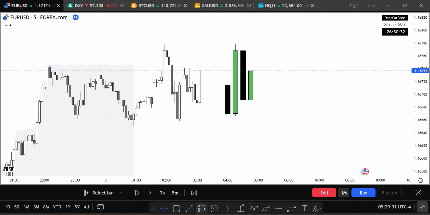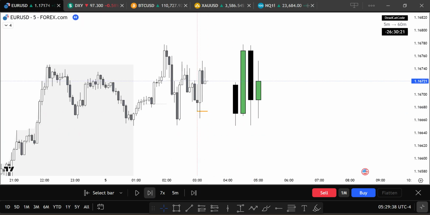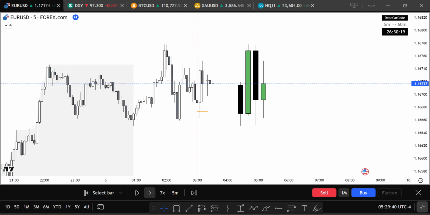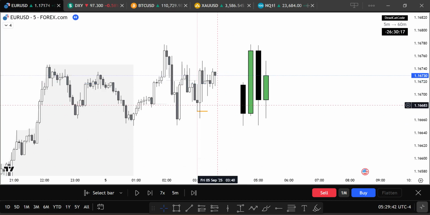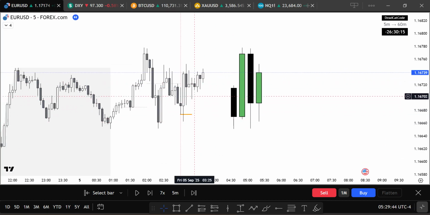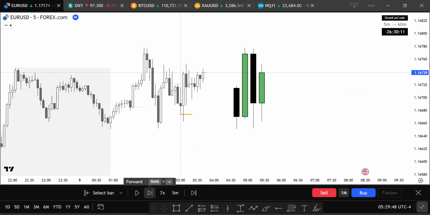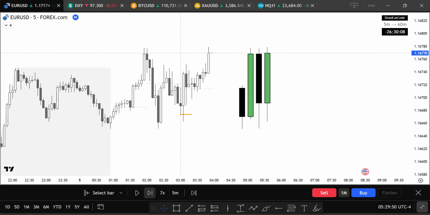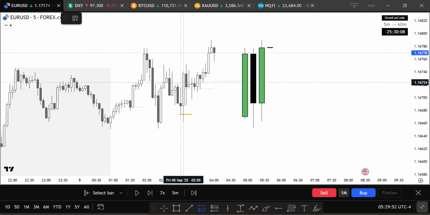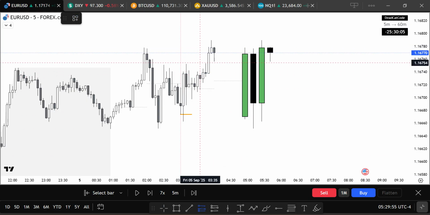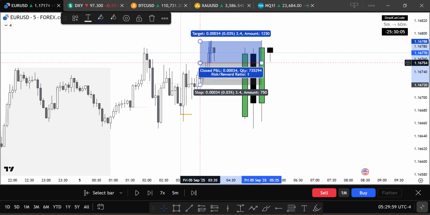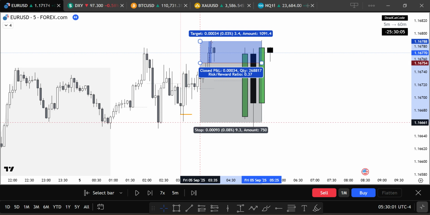You can see how beautifully price gives us turtle soup, and price tries to go down, but there's no candle which is closing below the previous candle low. So yeah, you can go for it, if there's no NFP or no Friday.